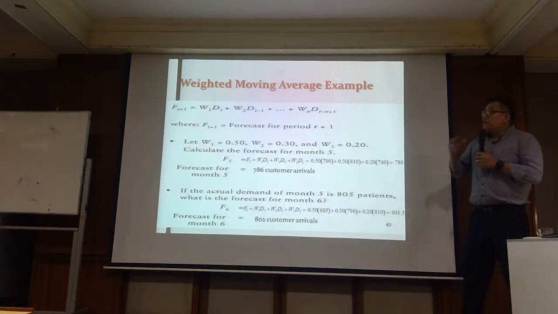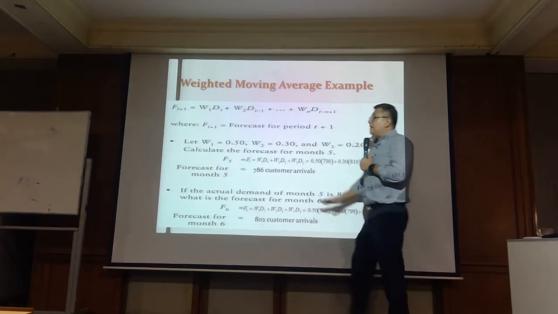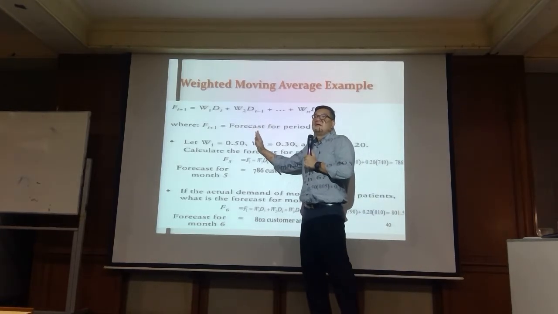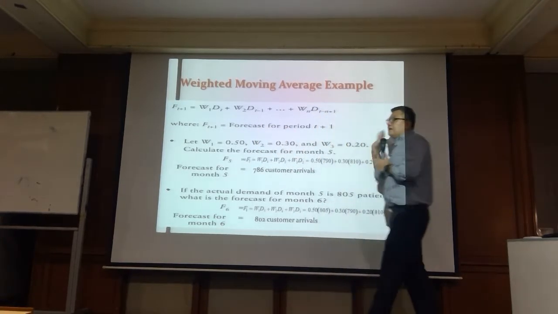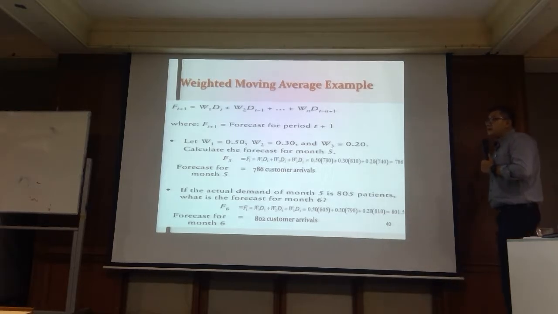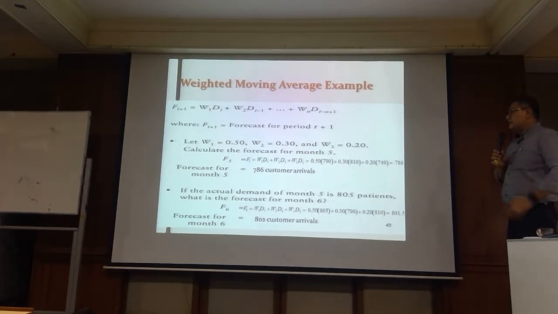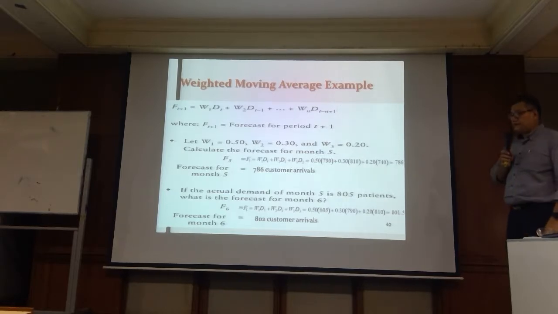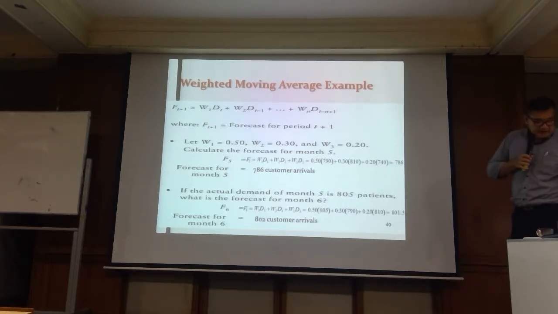So you can see that for the weighted moving average, you just use the highest weight for the very current one, and then it follows consecutively back to the latest period that you want to calculate. So this is the weighted moving average.